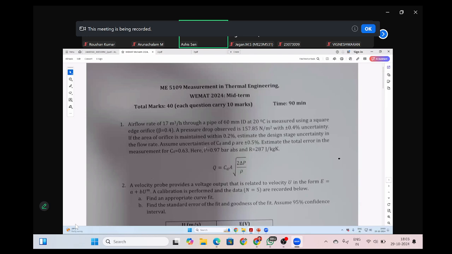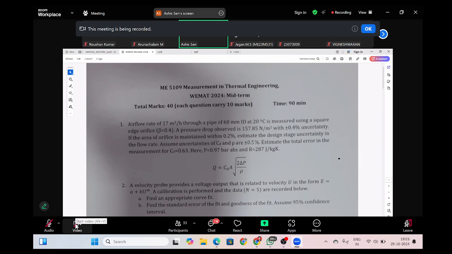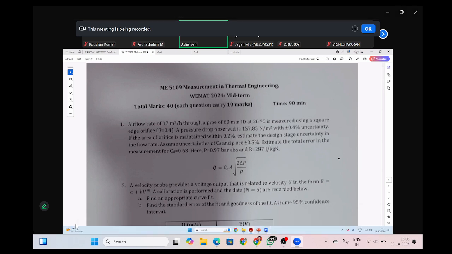Assume uncertainties of the coefficient of discharge CD and density rho are both plus minus 0.5%. You are asked to estimate the total error in the measurement for CD equal to 0.63.